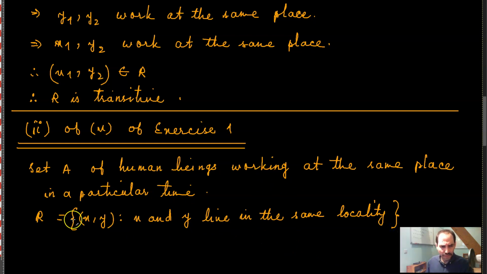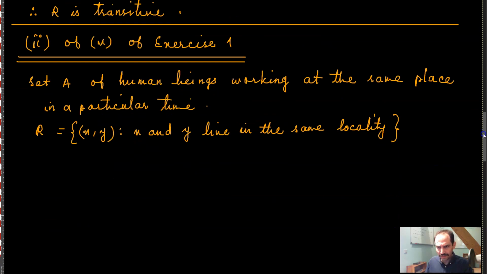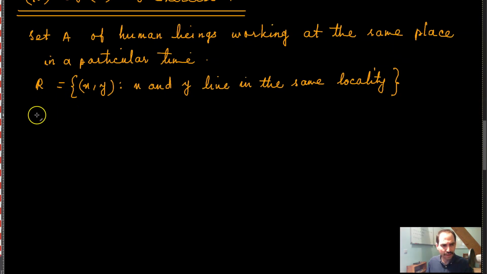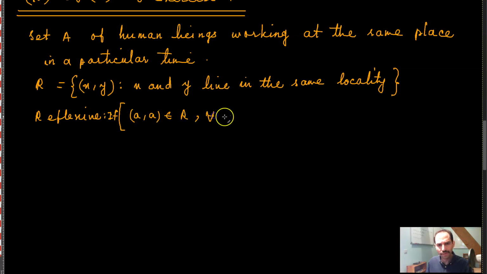So you want to know whether R is reflexive, symmetric, and transitive. Again, to check whether R is reflexive, the condition is that (A, A) belongs to R for all A belonging to A, right?